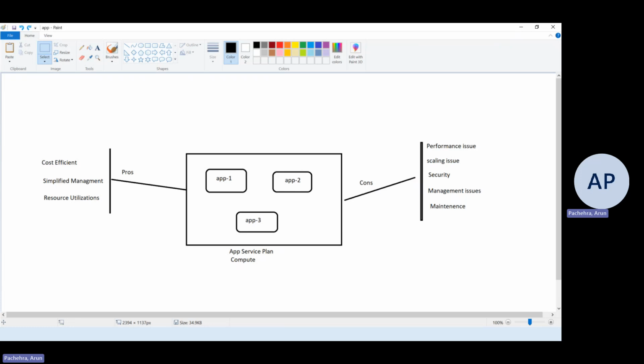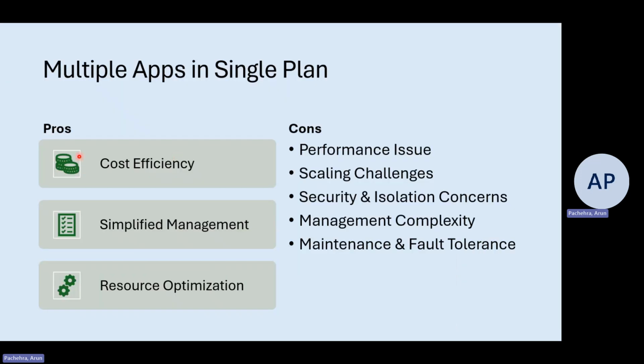Now, applications with different peak usage times can use the same resources effectively, preventing resource wastage when some applications are idle. For example, app 1 peaks in the morning, app 2 in the evening, app 3 at night. So when one is at peak, the other two are at normal, and all three combined are actually utilizing the entire resource properly. So resource optimization could be another pro here. We can understand this with an example.